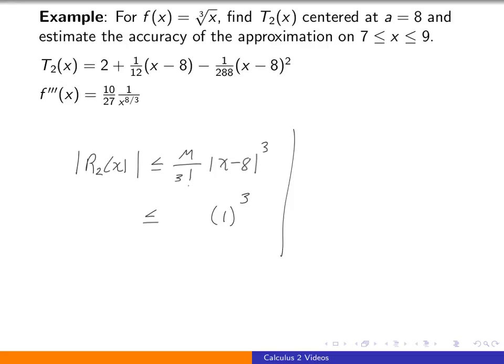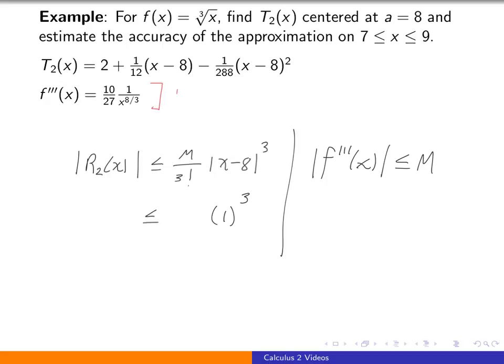Now for the M value, we need to think how big can the third derivative be on this interval. And the typical thing to think about is looking at our third derivative function. Will that be increasing or possibly decreasing? If it is, we can plug in one of the endpoints. Looking at the form of the function we have, as x increases, the bottom is getting bigger, which gives us something smaller.